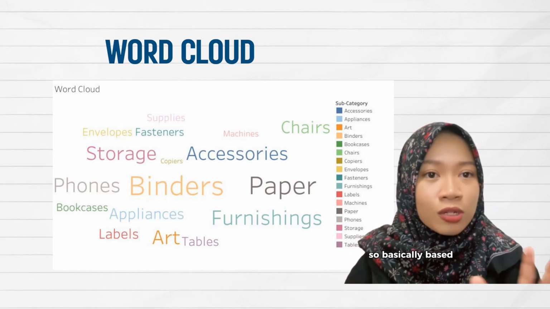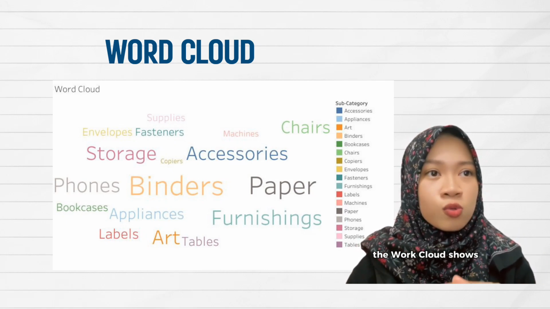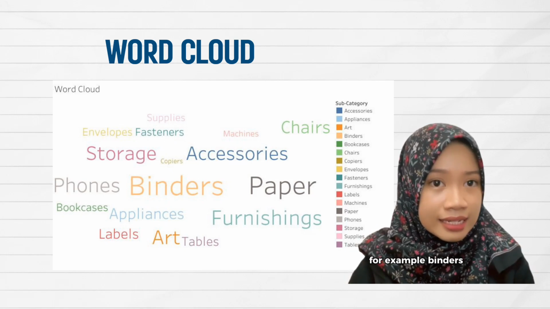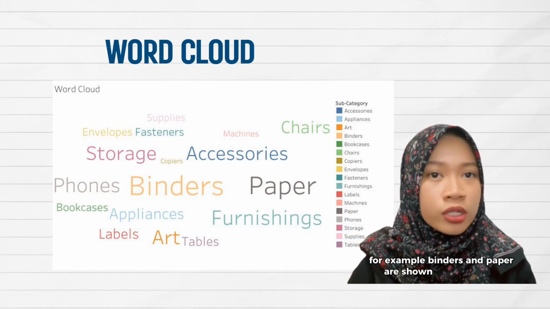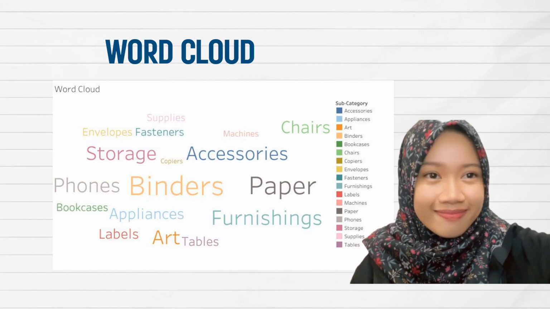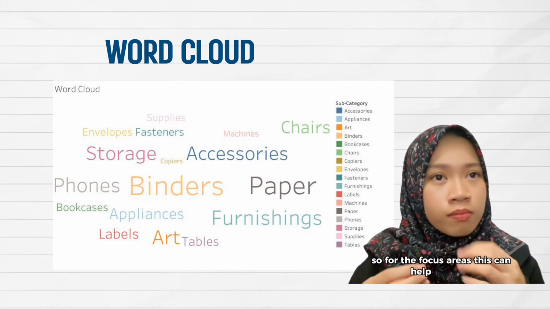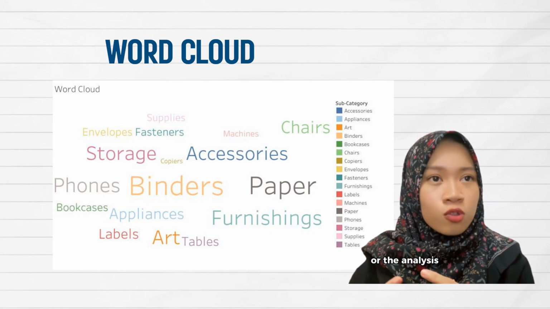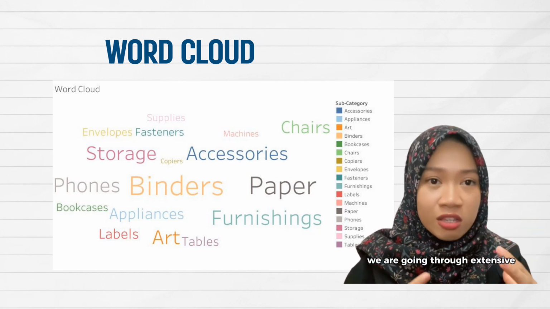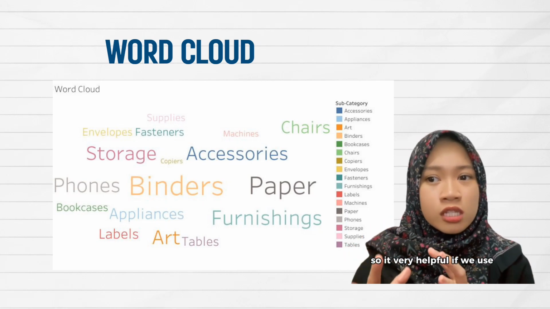In the context of subcategories, the word cloud shows which items are most prevalent or significant. For example, binders and paper are shown in larger fonts, indicating they are the key products. So, for the focus areas, this can help the business or the analyst to focus on the most important areas without going through extensive data manually. So it's very helpful if we use the word cloud.